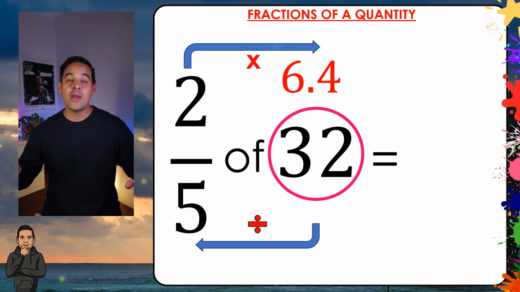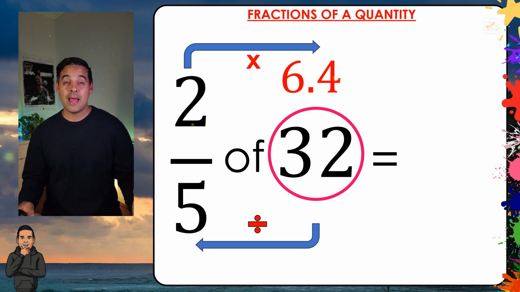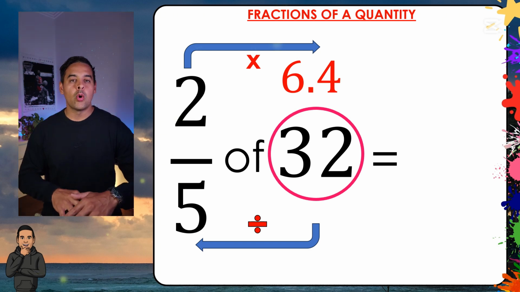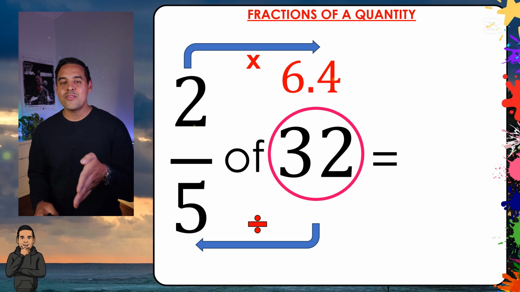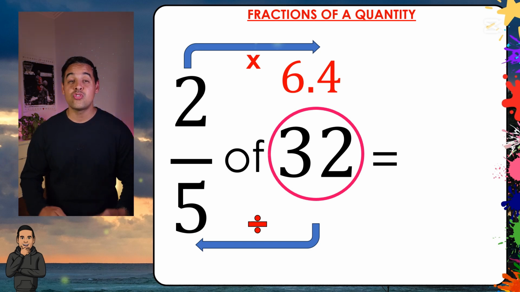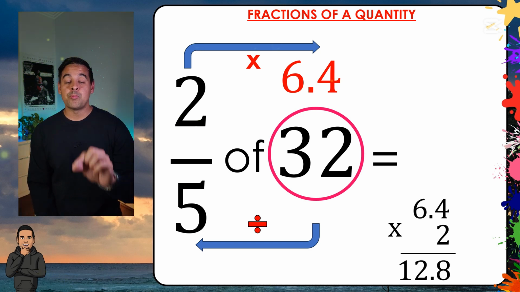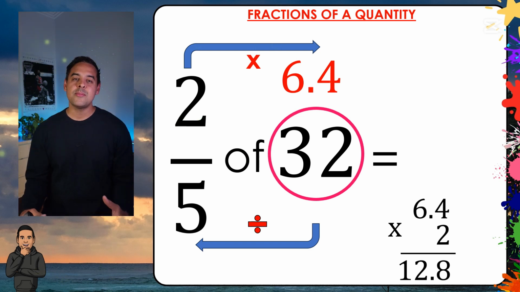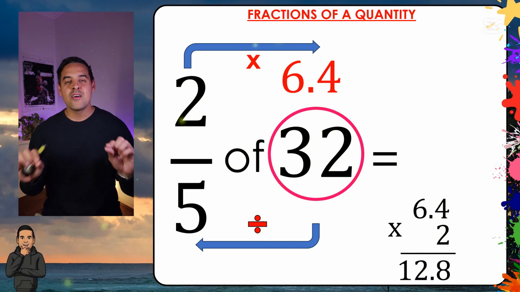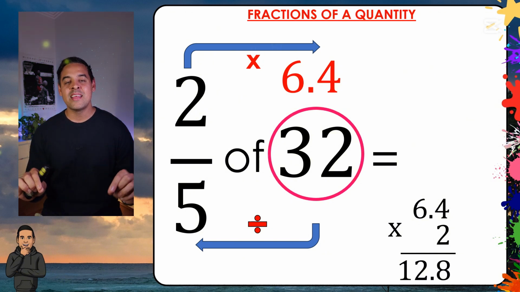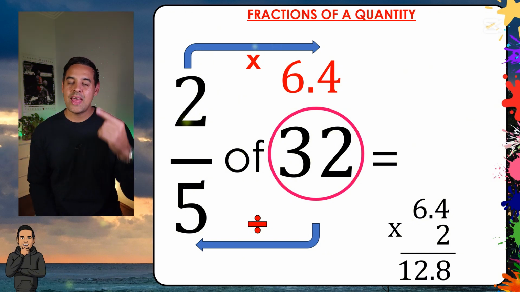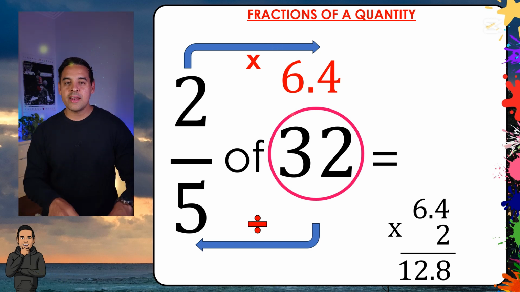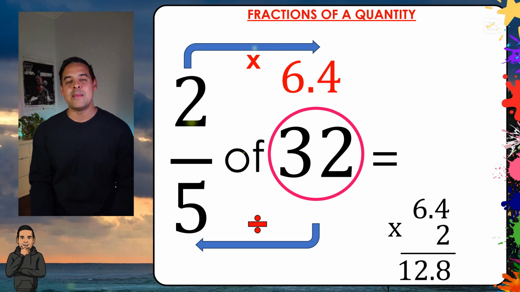Now, I highly recommend, if you're working this out on a workbook or a sheet, find a different part of the sheet where you can do some working out and put your multiplication question into an algorithm. The reason I'm stressing this is you will make far fewer errors than working it out in your head. Even if it seems simple, if you know that the answer is 12.8 just from the top of your head, that's fantastic.